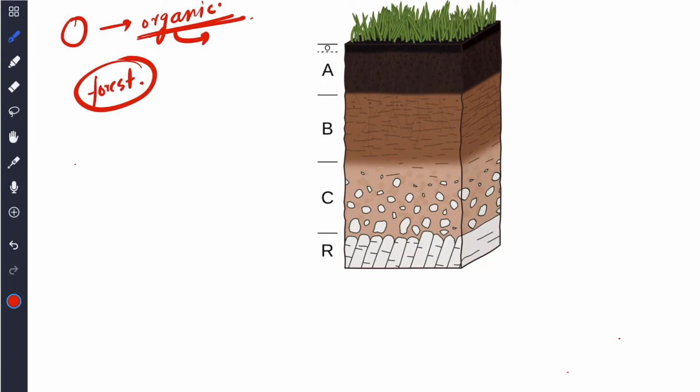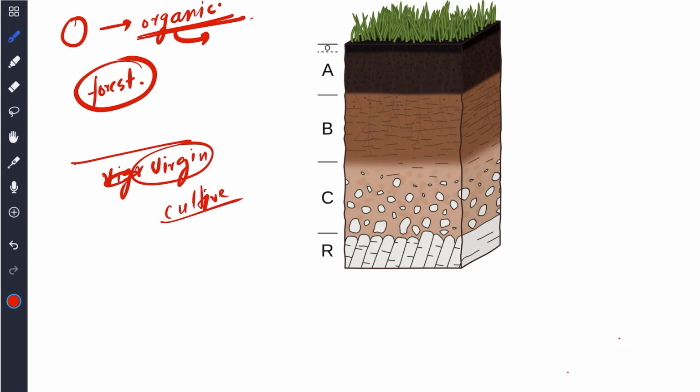Also you can find this layer in virgin soil, meaning soil which is never cultivated, which is not arable. Just beneath that organic layer is the A layer, and this A layer has the minerals.